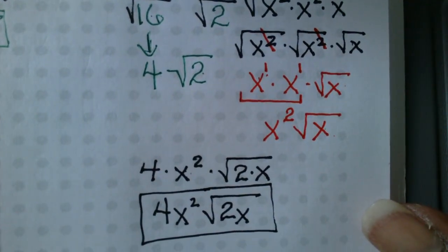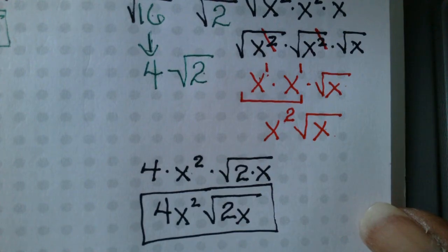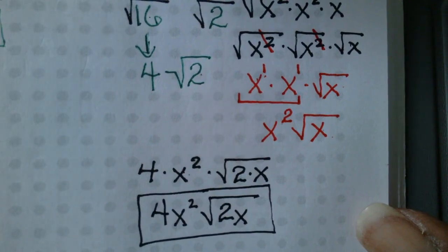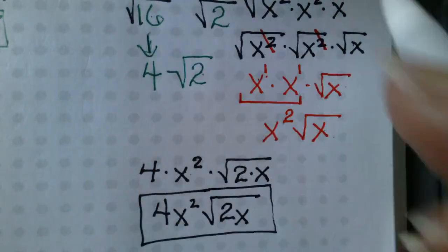Okay? So really knowing your multiplications, really knowing your perfect squares and your perfect cubes will help you break down the radicals. But what is a radical? It is anything, a square root, cube root, fourth root, anything that gives you this sign.